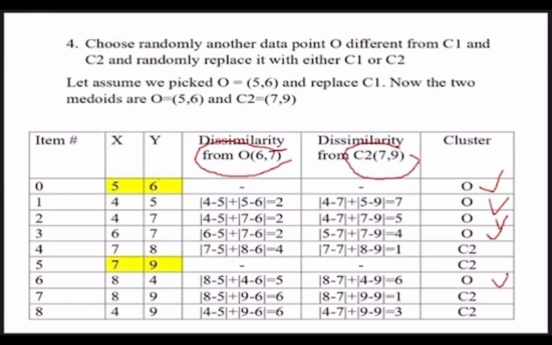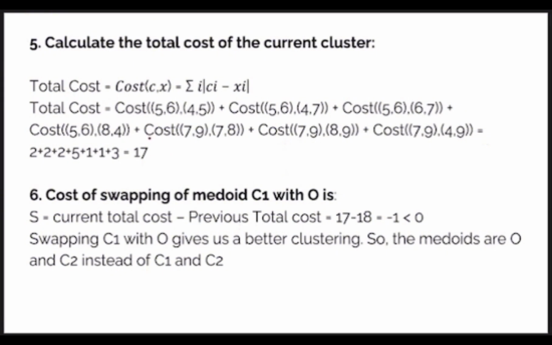Okay, then I'm going to compute the total distance again. Now, when you take a look at the total cost, this time around, 17 is less than the total cost of 18 that we had initially when we used the previous Medoid.